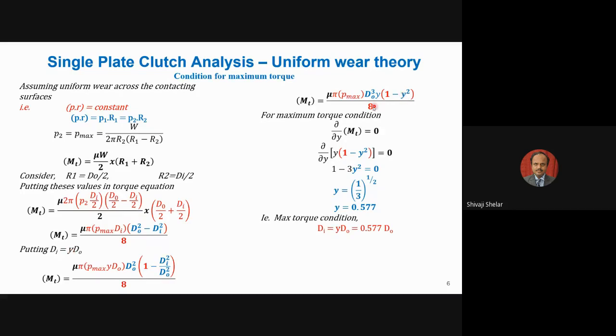When you write this value here, we have mu pi into P max into do cube. That is, this do and this do square will be multiplied here, so that becomes do cube, and y is as it is here. So y into (1 minus y square) upon a.